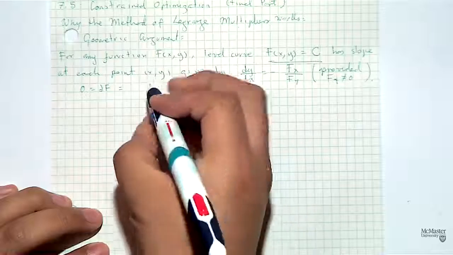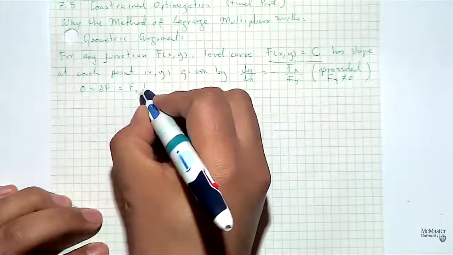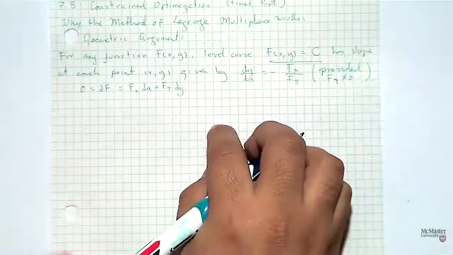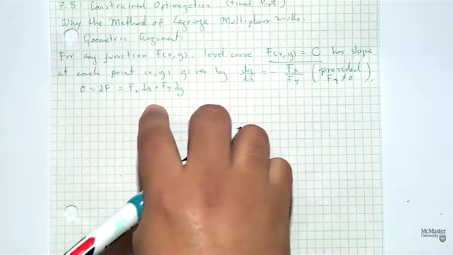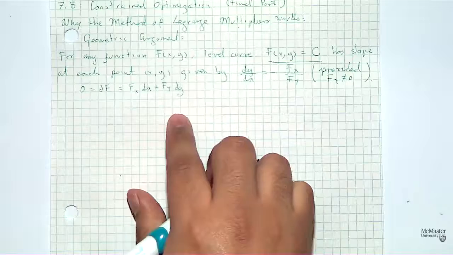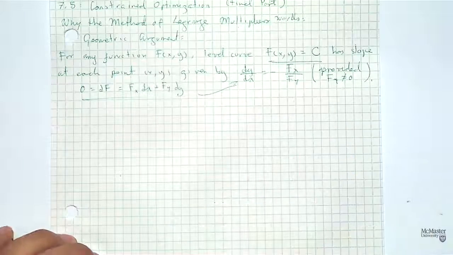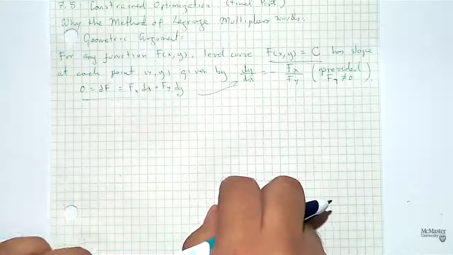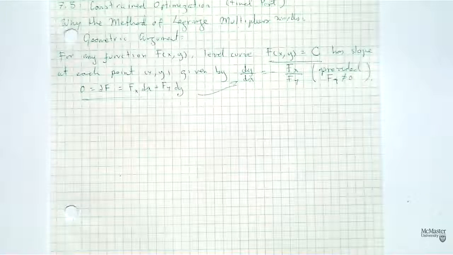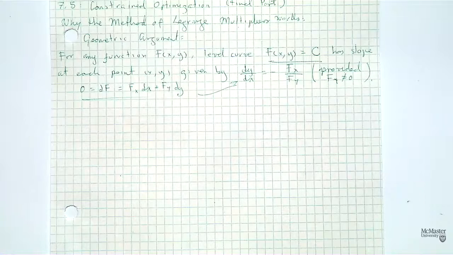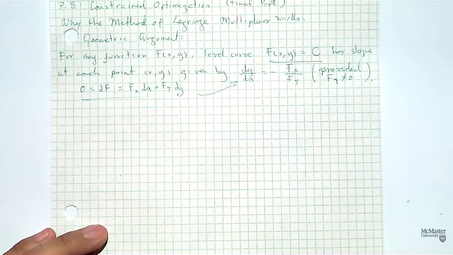Using the chain rule, this is equal to Fx dx plus Fy dy, since F is a function of x and y. So along this path, the change in F is 0, and if you use this formula to find dy over dx, you get this. Just some manipulation. The argument is hand-wavy. I don't think this in particular comes in the book, so hopefully it will help you a little bit. But in any case, the formula comes from there.